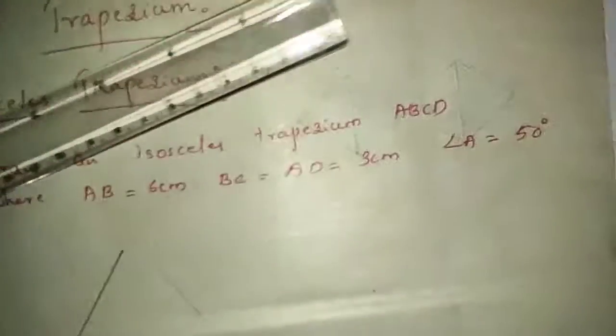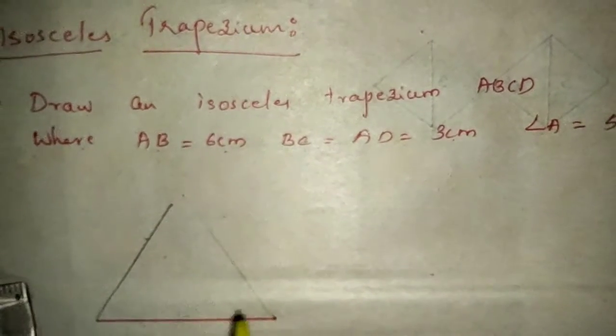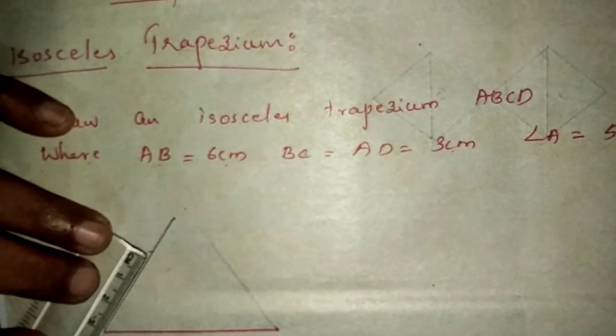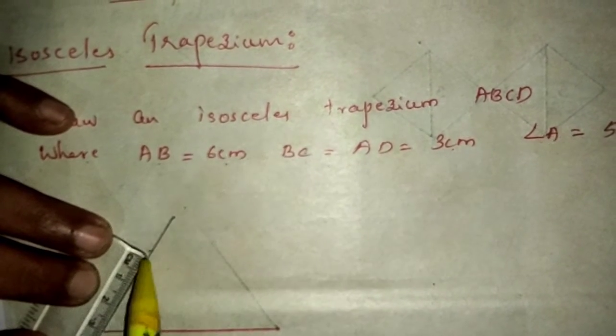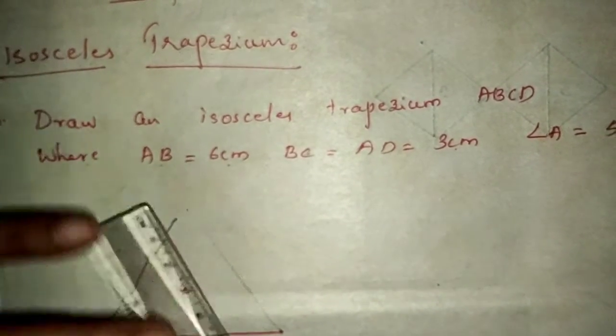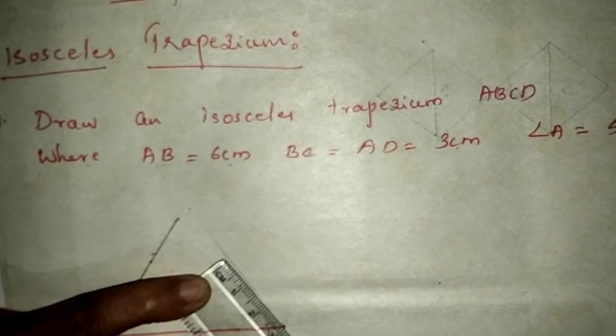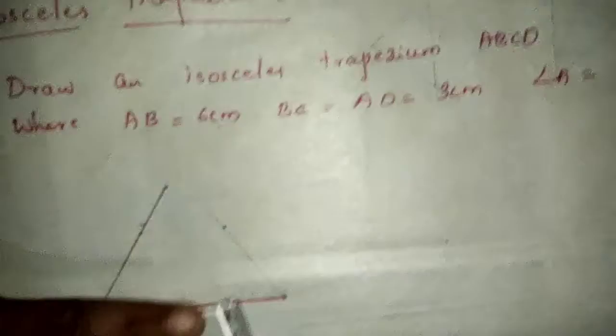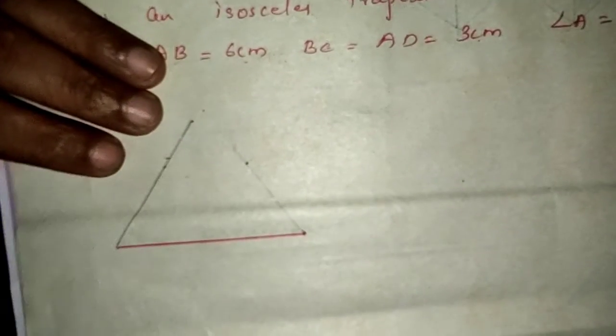Then we know that our AD and BC are equal to 3 centimeter. So measure 3 centimeter here, and 3 centimeter here. Just join it.